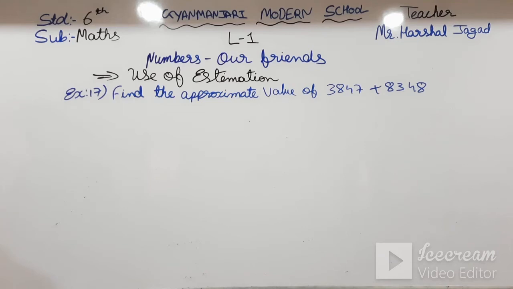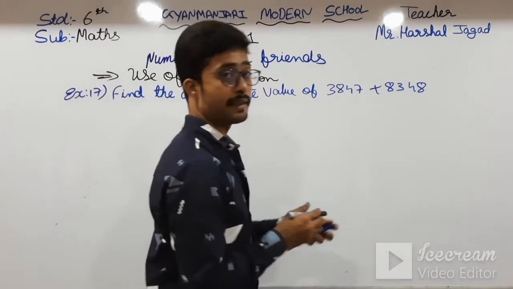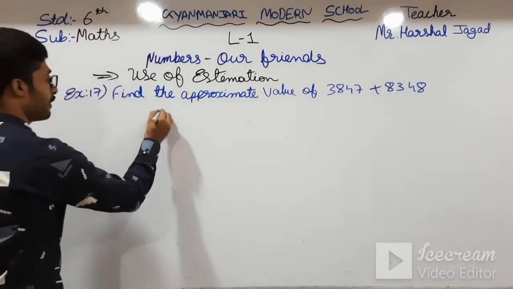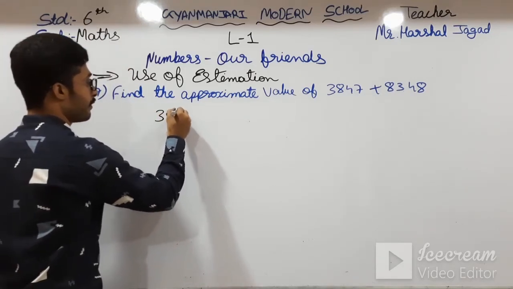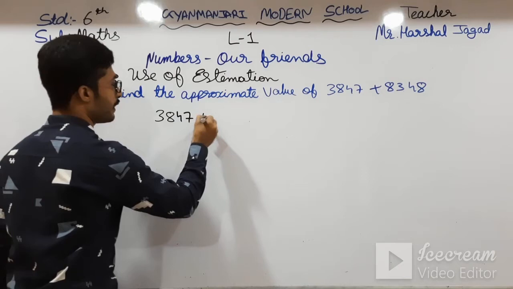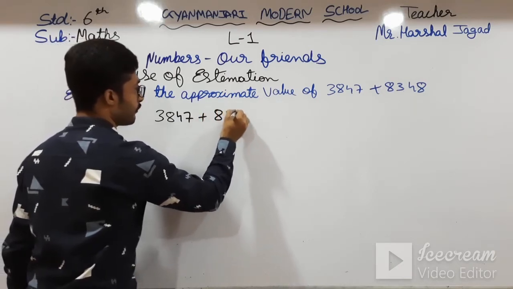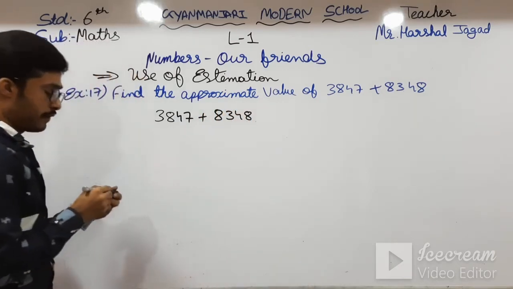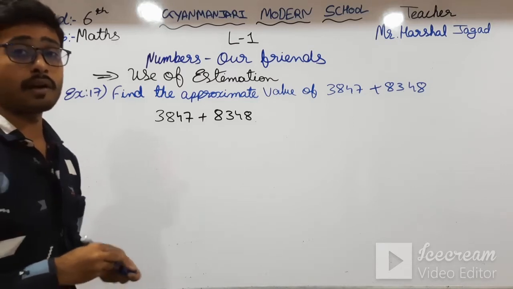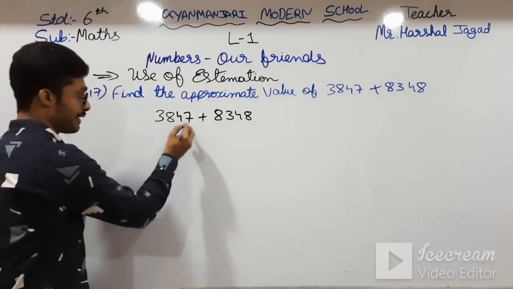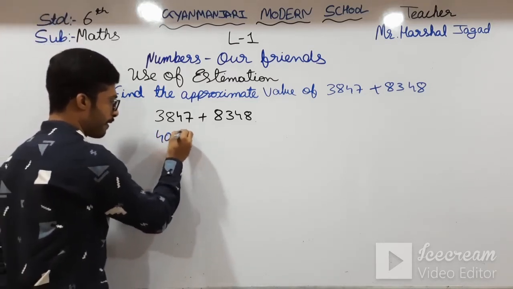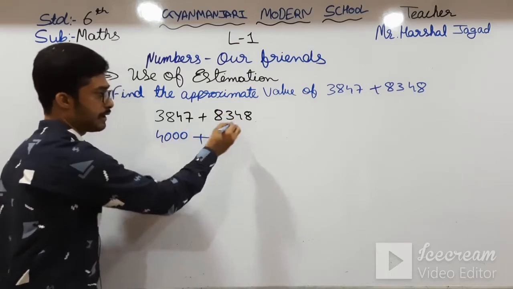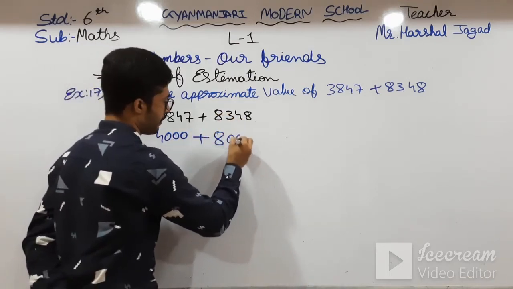We will round off the figure. First of all, write 3847 plus 8348. What we will do is round off the figure. It is near to 4000, and it is near to 8000.